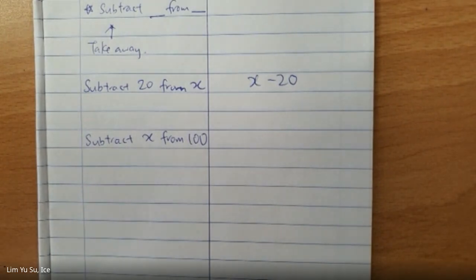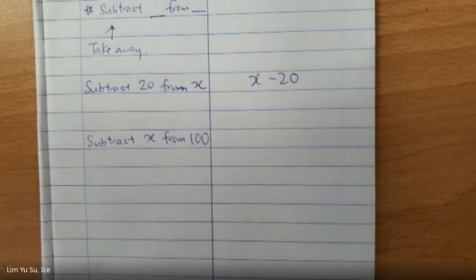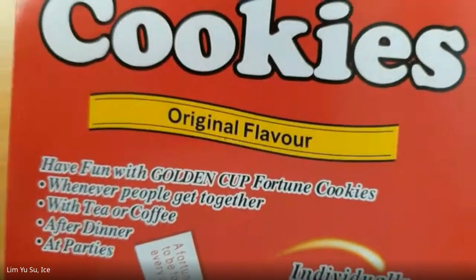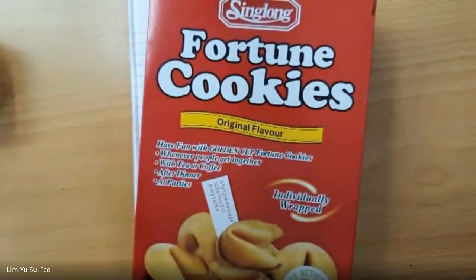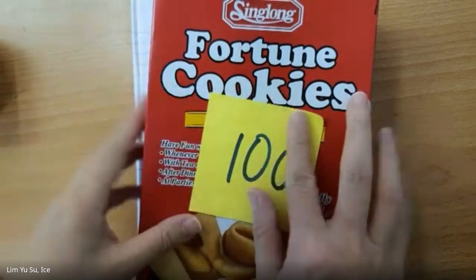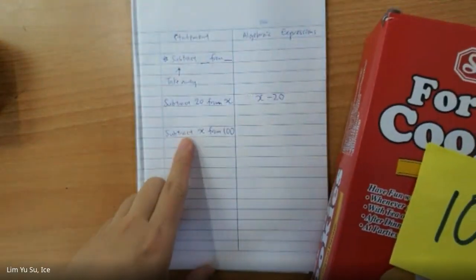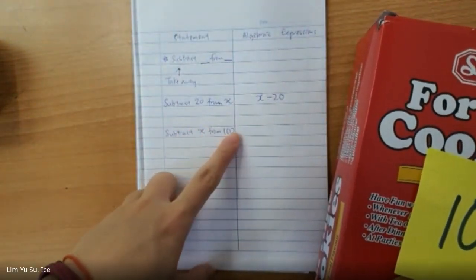Okay, as he says, subtract x from 100. So with the box here, I should place a post-it that says 100, right? Because it says subtract, take away x from 100.